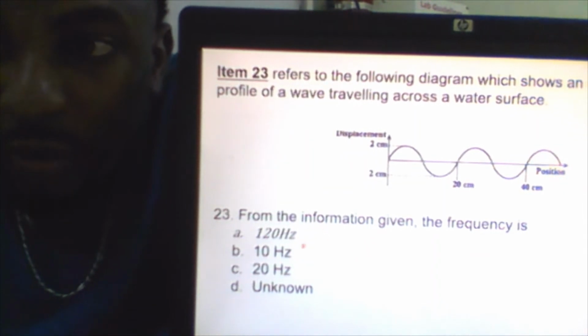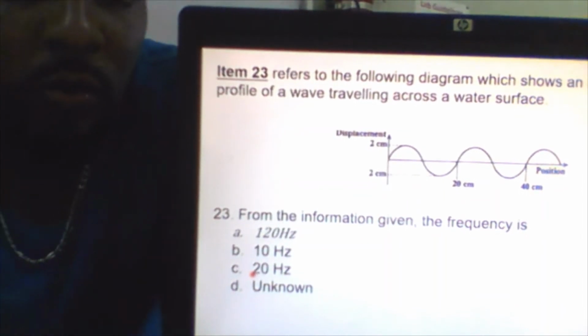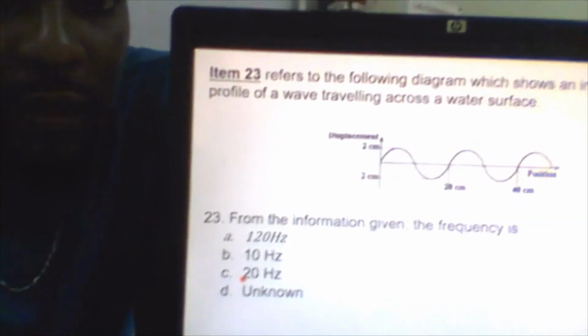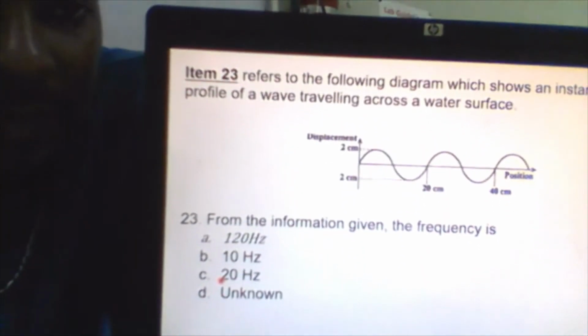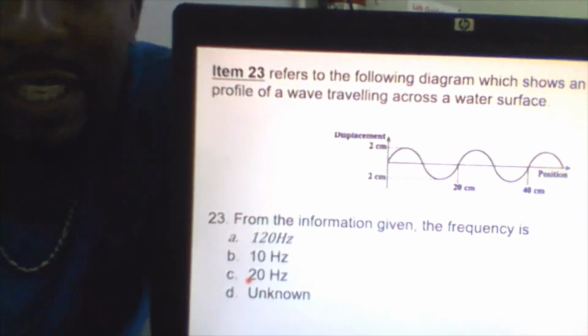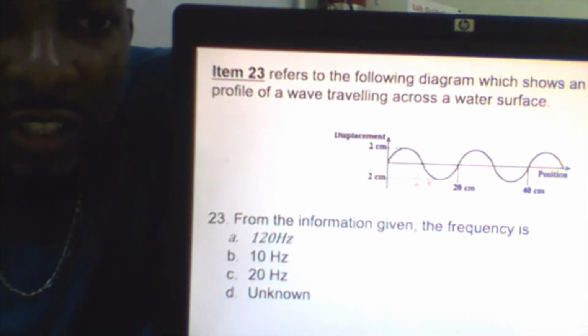Now the question asks you, from the information given, the frequency is. Now, what frequency describes is the number of waves that occur per second. And in this case, this graph does not give you any time frame.